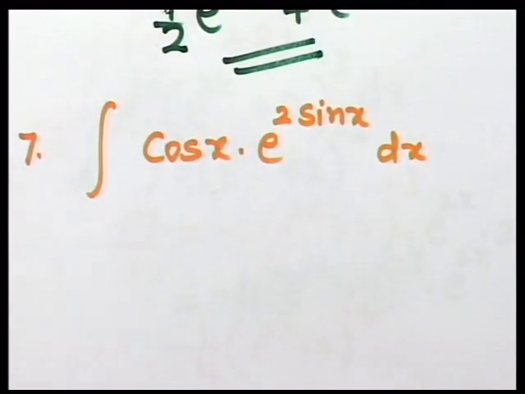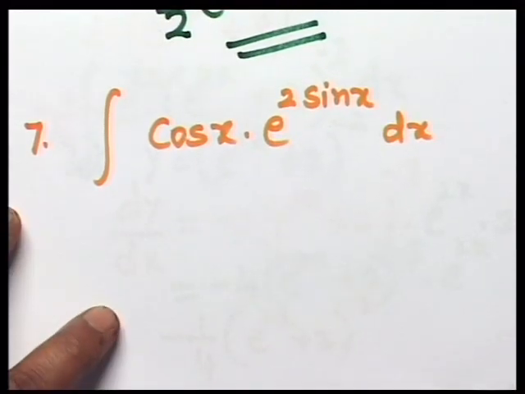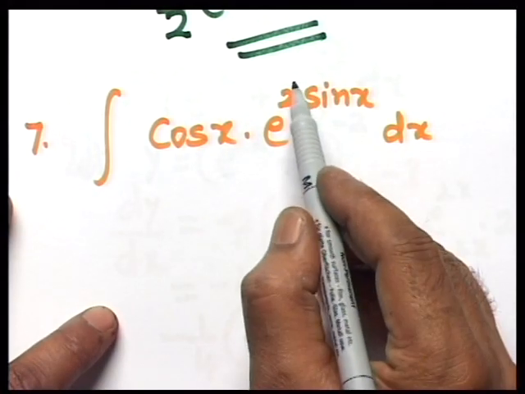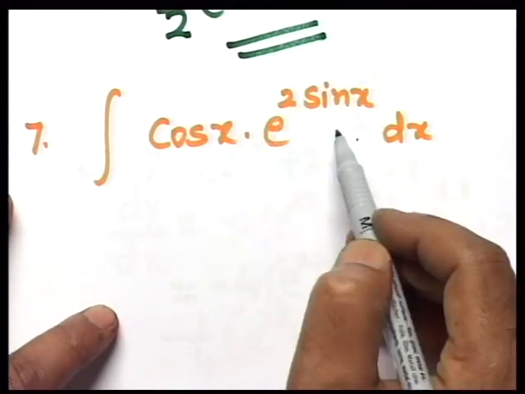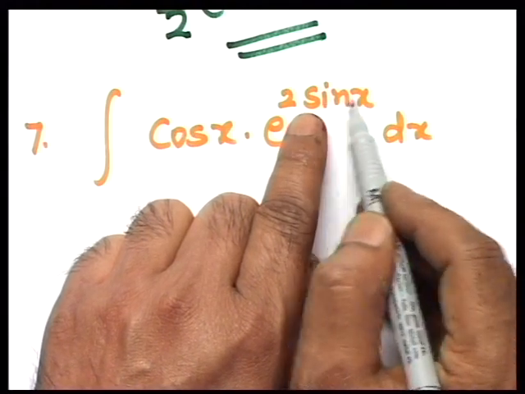The first type is the function x to the power n style. What if I differentiate this? Differentiation of sine x is cos x.